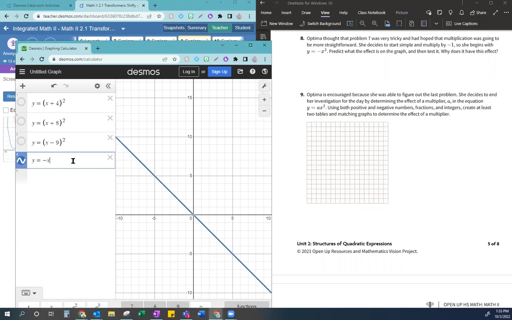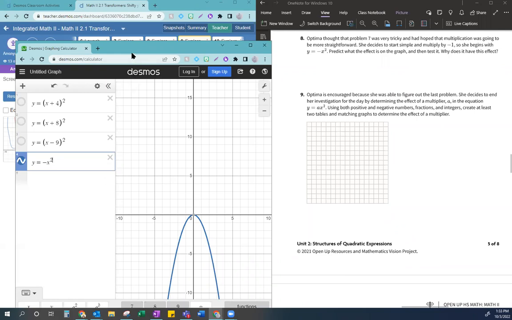So just to show you and to prove, that's what you guys said. So that negative is in charge of opens up or opens down. Wait, does that make sense to you? Okay, very good. So Optima is encouraged because she was able to figure out the last problem. She decides her investigation for the day is determining the effect of a multiplier, A. In this equation, it's ax squared.